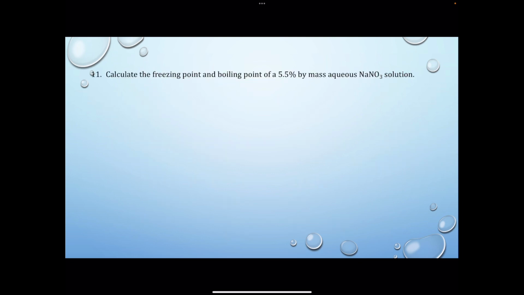Now next we're asked to calculate the freezing point and boiling point of a 5.5% solution by mass of aqueous sodium nitrate. We're doing the same kind of thing we saw in that previous problem. So that 5.5% means I have 5.5 grams of sodium nitrate, my solute, in 100 grams of my total solution.